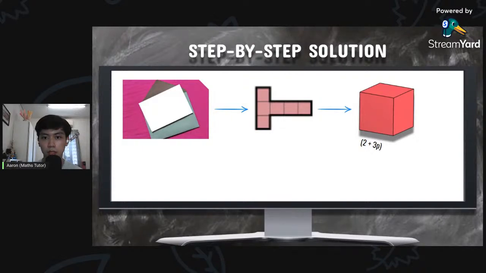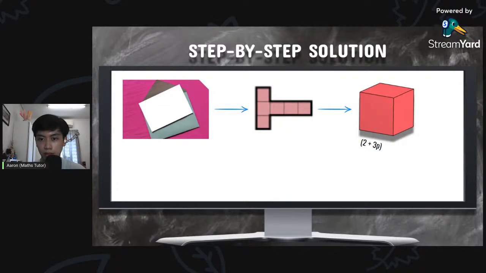So the volume is actually V is equals to 2 plus 3p, okay, dia ada cube. So that means what? The volume, they times 3 times the length, okay? Volume of cube is the same, right? The length, the width, and the height, semua sama, okay?